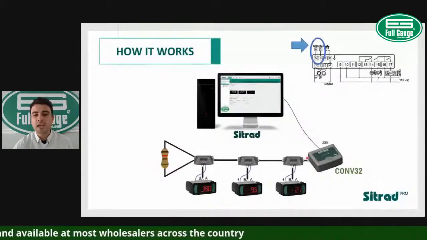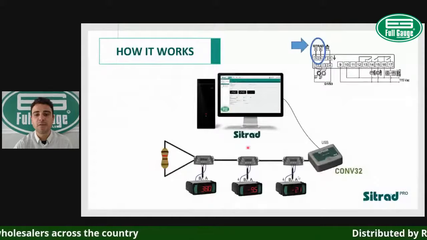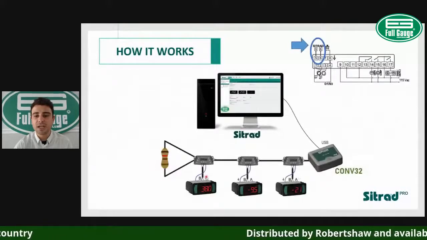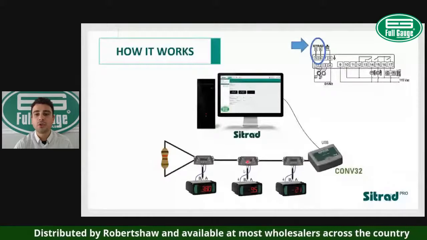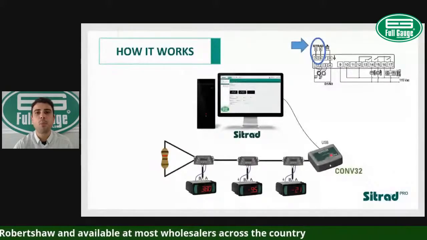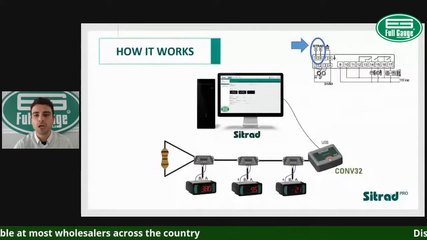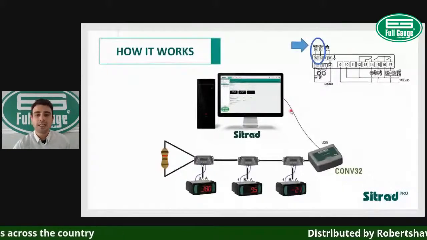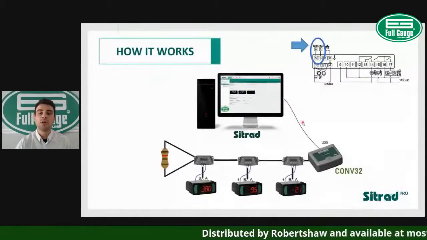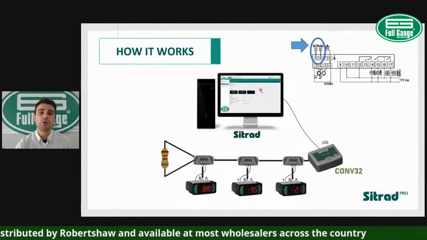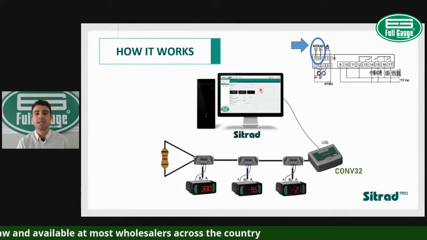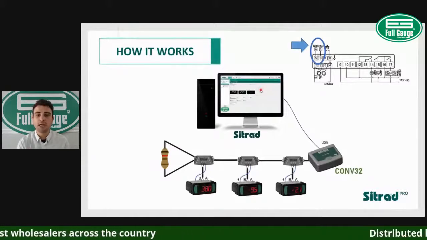So I have my A and B connection, my RS-485 daisy chain set up here, going into the CONV32, and the CONV32 provides a USB port to the computer. By connecting with the USB, which comes out of the CONV32 and allows you to connect with the computer, once that is connected, CTRAD is downloaded.